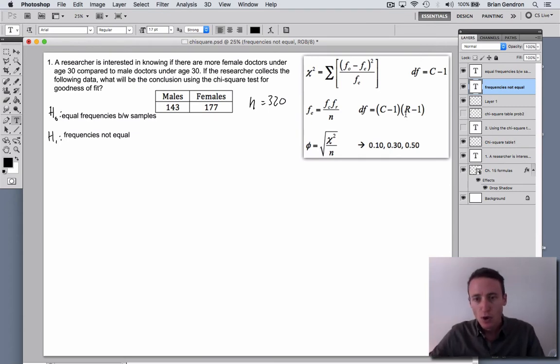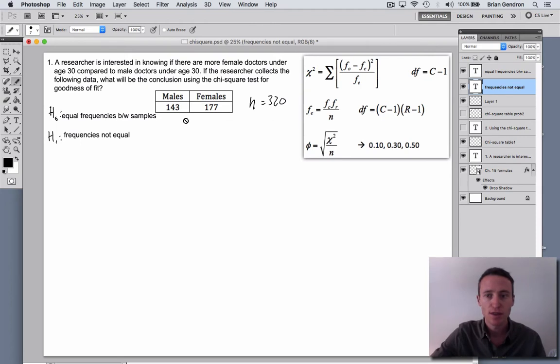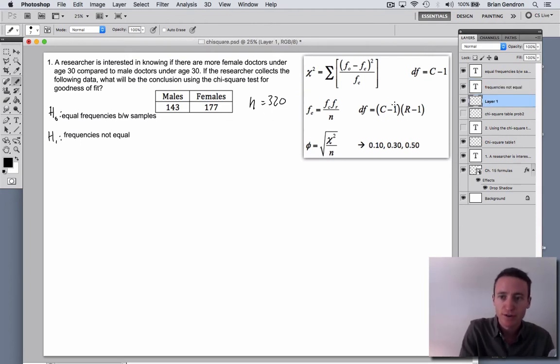And we are given this information, well, I should say a researcher went out and asked 320 doctors under age 30 whether or not they are male or female, and 143 said male, 177 said female. These are the observed frequencies. I'm going to label that FO.